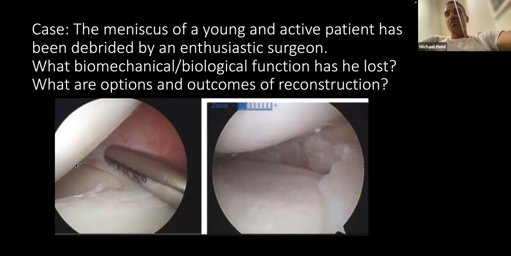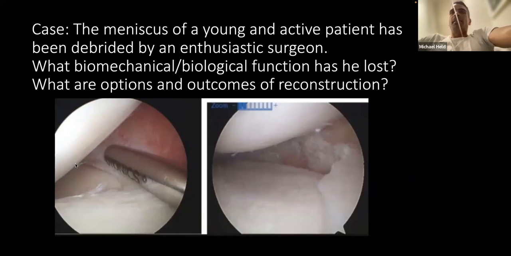So many people are trying to do this stuff, but we don't really know yet what the healing response is to PRP even. There certainly is quite a lot of inflammation around meniscal repairs, so you have to wait for the PRP injection. You can't do it right away.